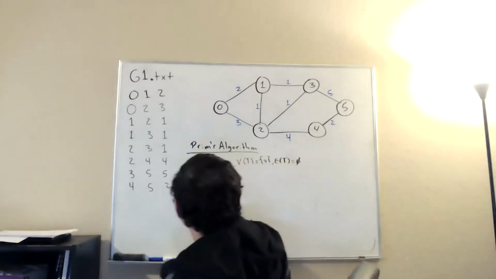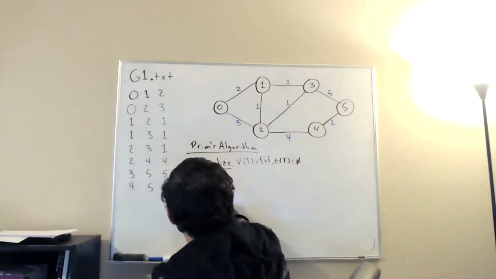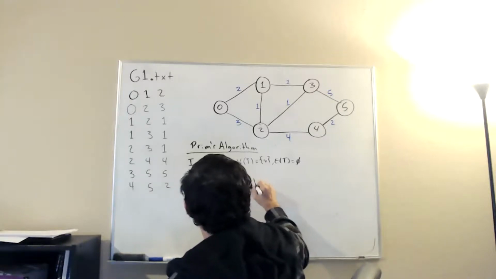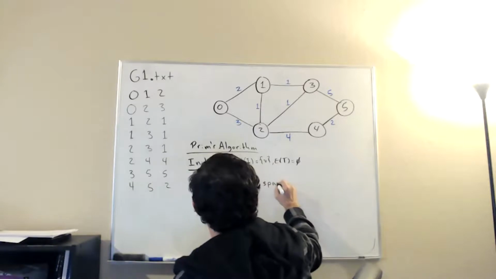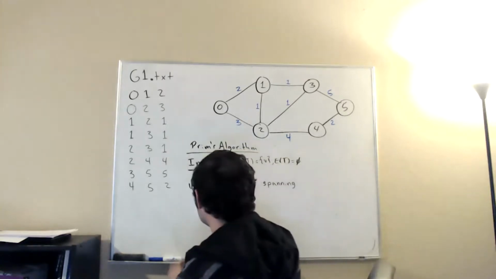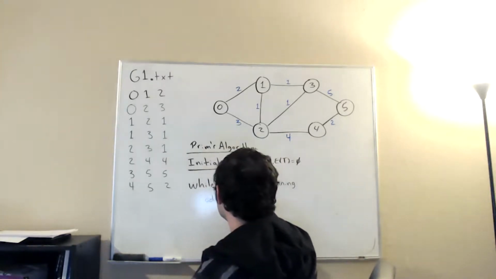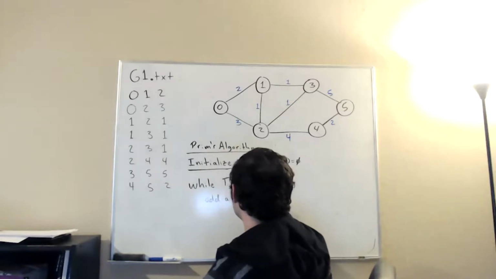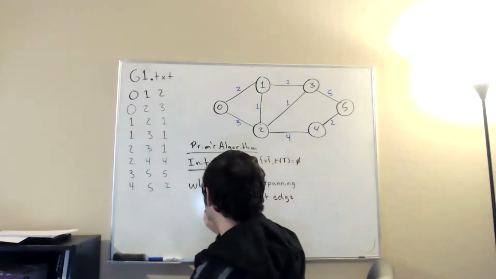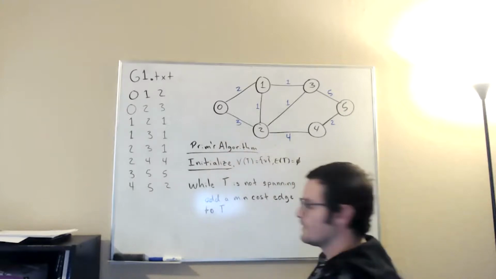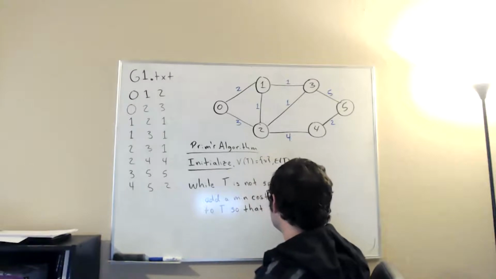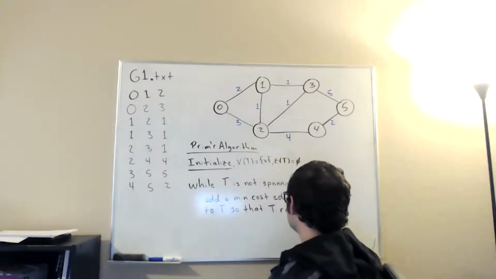And then we have the actual algorithm, which is the while loop. While T is not spanning, add a min cost edge to T so that T remains a tree.